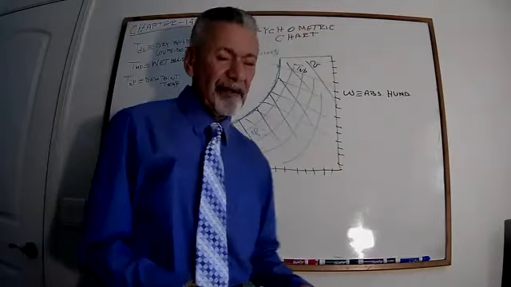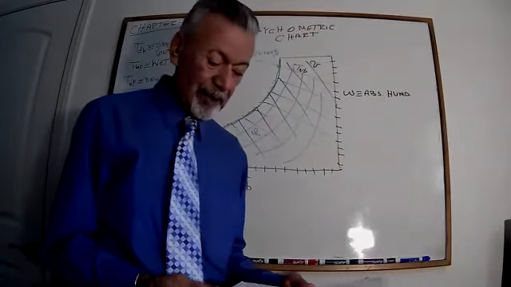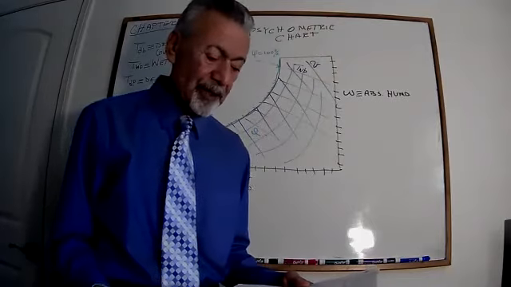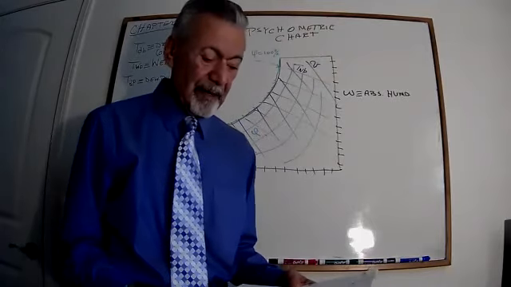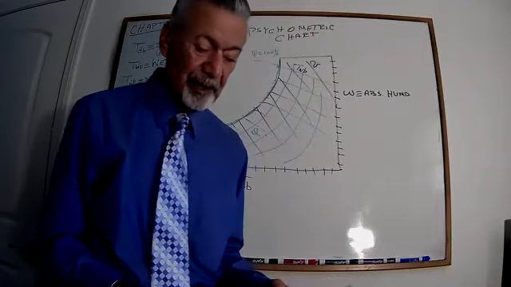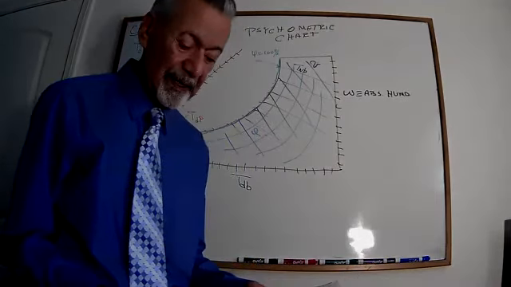Now, if you do have your textbook, please open it up. I'm going to do a couple of examples. I want you to get the hang of it because it's very crucial down the road for you guys to know what's happening.